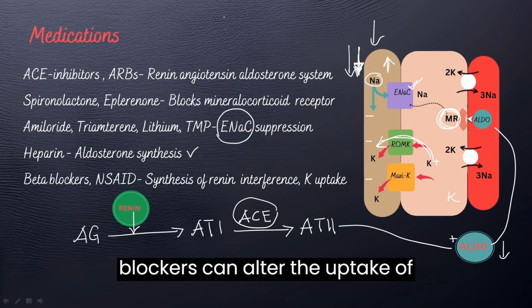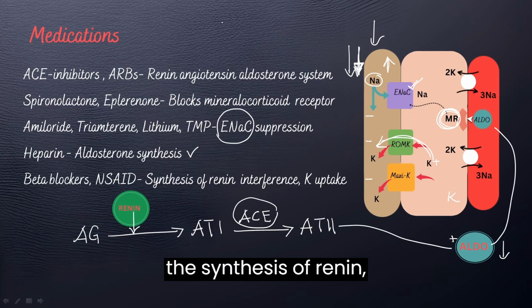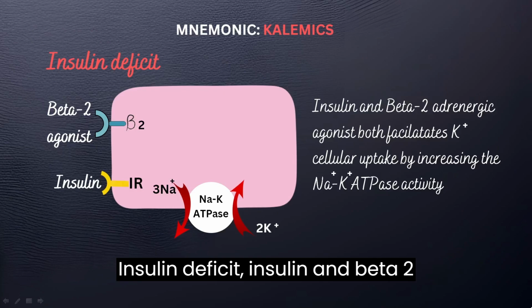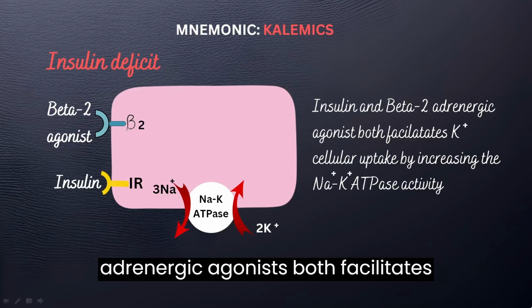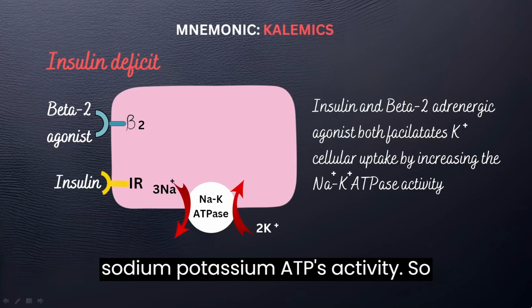Beta blockers can alter the uptake of potassium by cells, and the non-steroidal anti-inflammatory drugs can also alter the synthesis of renin. Insulin deficit: insulin and beta-2 adrenergic agonists both facilitate potassium cellular uptake by increasing sodium-potassium ATPase activity.